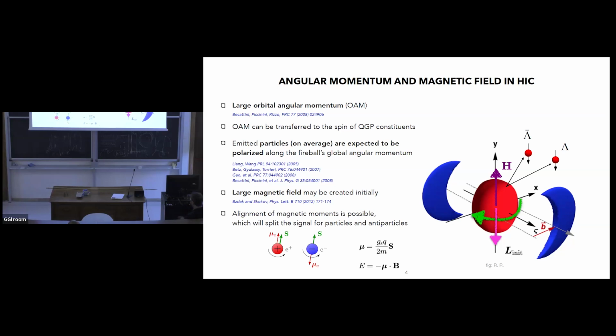This means that if this initial magnetic field is created, then the initial orbital angular momentum will orient the spins, but this effect will actually split the spin polarization, which means that the initial magnetic field could give another effect in the observables.